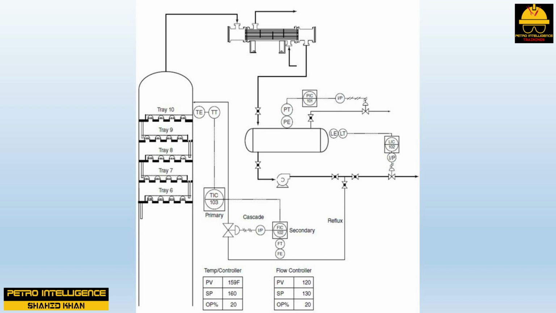When a temperature element is placed on the top tray and connected to a transmitter, controller, transducer, and control valve on the reflux line, a conflict appears to exist between the flow control valve and the temperature control valve. By selecting the temperature to be the primary controller, one can allow both the flow control and temperature control to work together to accomplish operational objectives.